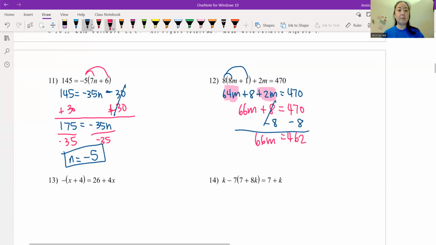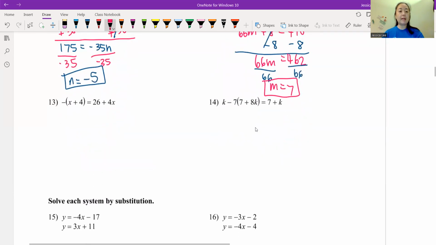And then we're going to divide both sides by 66. And we're going to get m is equal to 462 divided by 66, which is going to be 7. There we go.